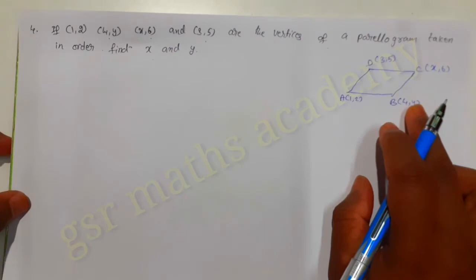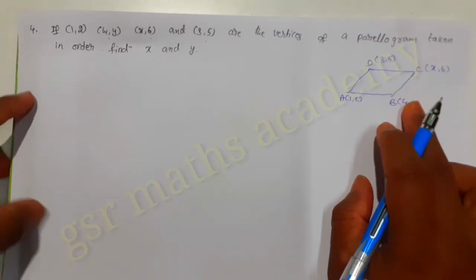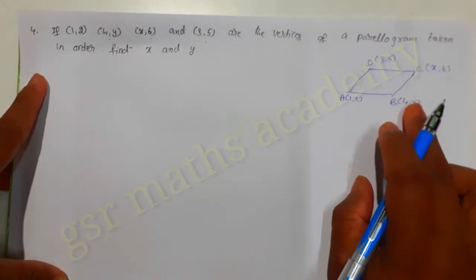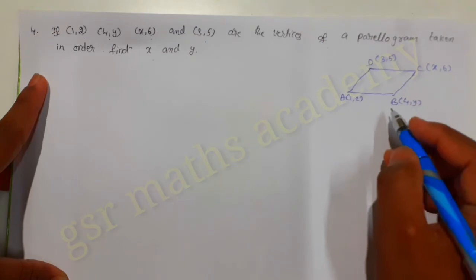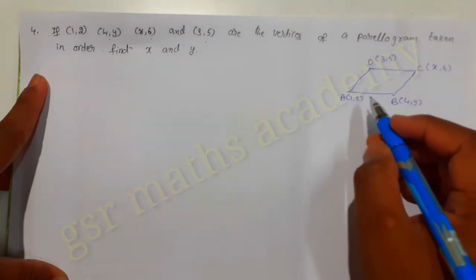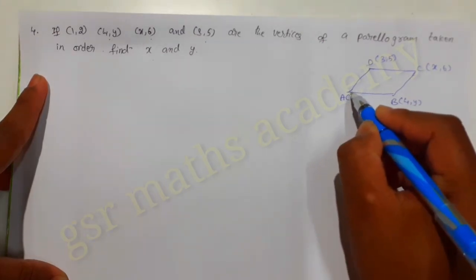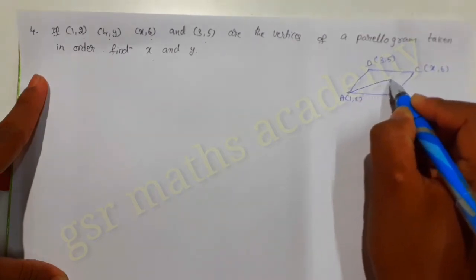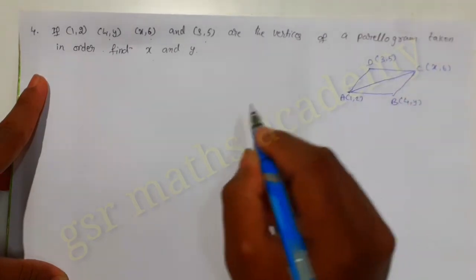For that, we need to make use of the properties of a parallelogram. The property we are going to use is related to the diagonals. The line segment joining the opposite vertices of the parallelogram is called the diagonal.